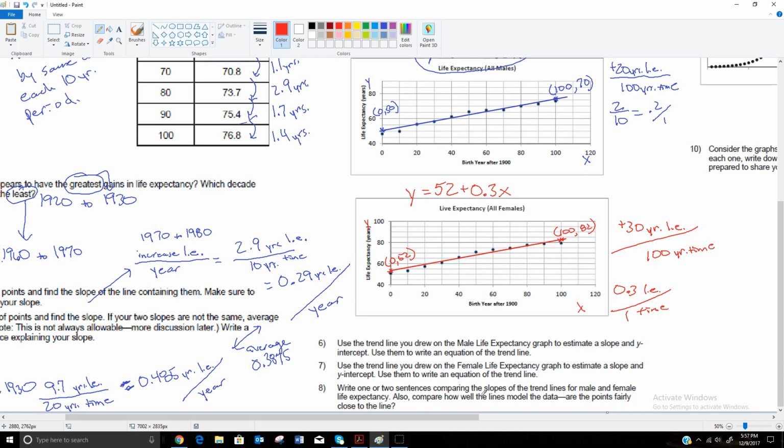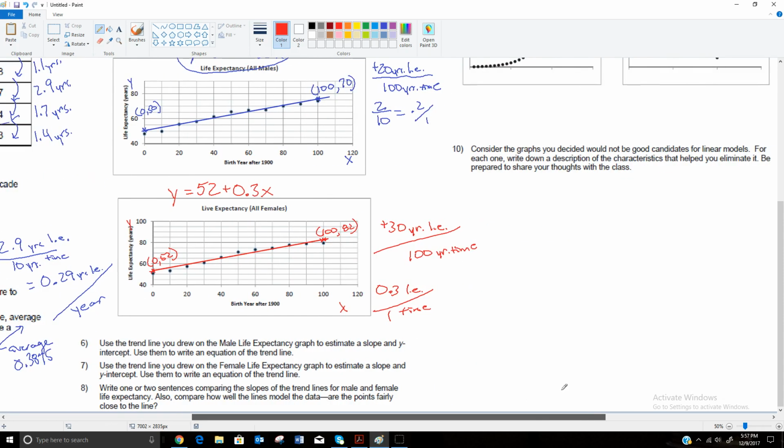And then the slopes, if you were going to write that out in a sentence, the slope for the women's is increasing, or is larger, so they're gaining more life expectancy.